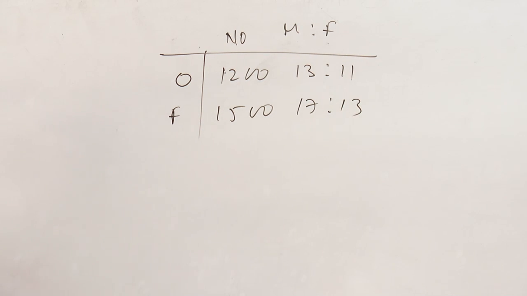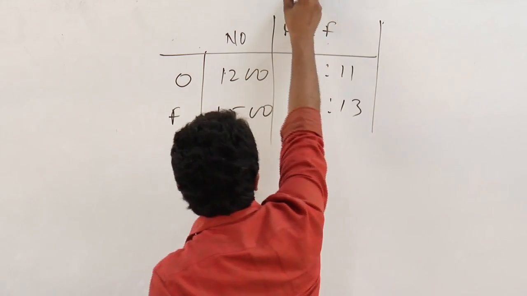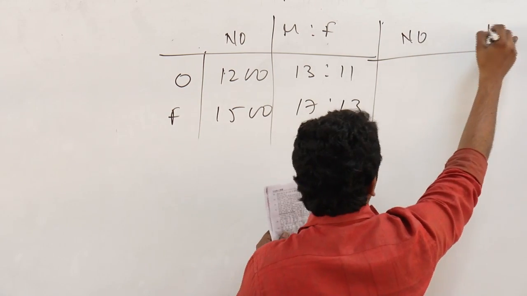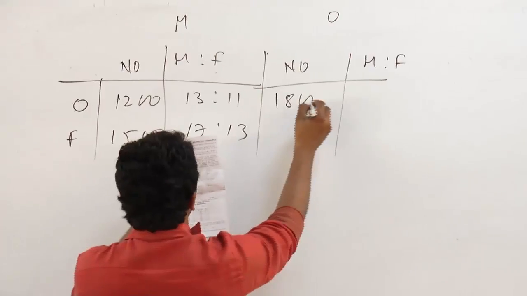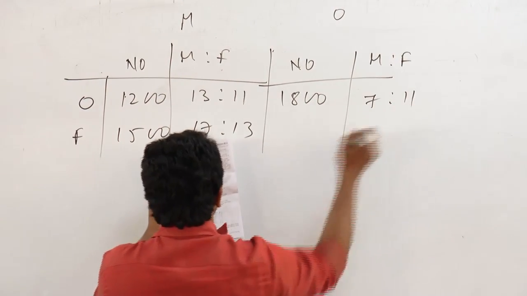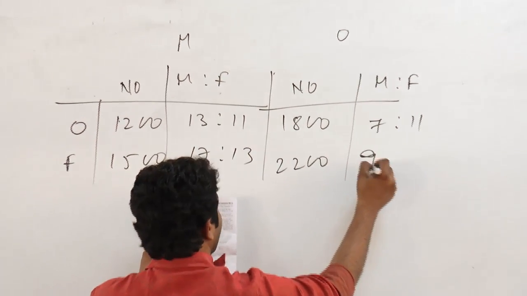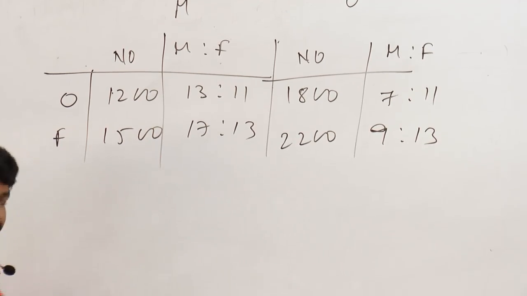Male officers, right. These are managers and these are officers. Officers number and then male to female ratio. Operations we have 1800, 7 is to 11. Finance 2200, 9 is to 13. Female from this, male from this ratio.